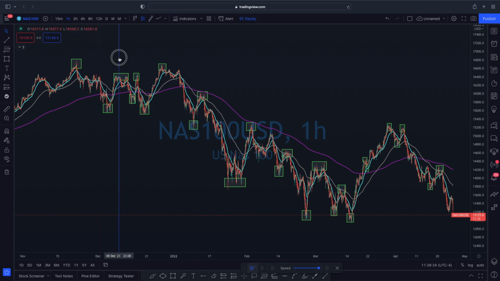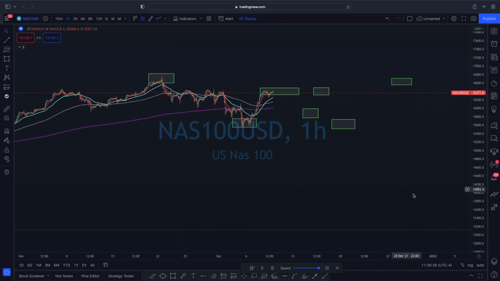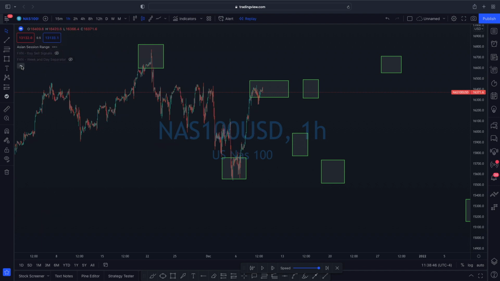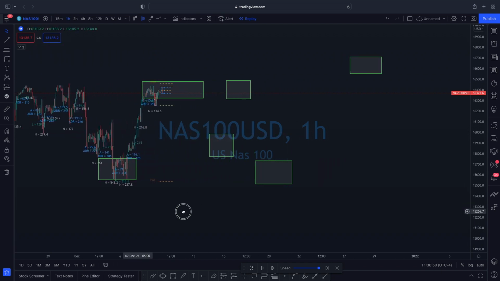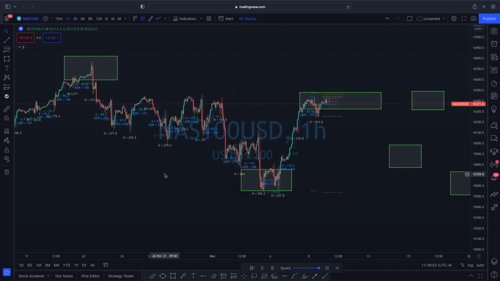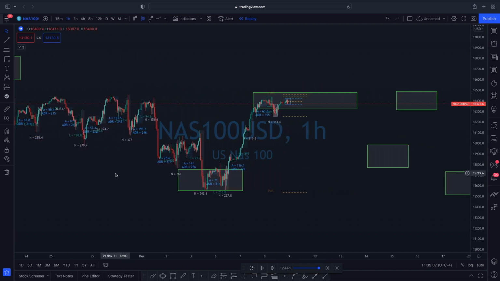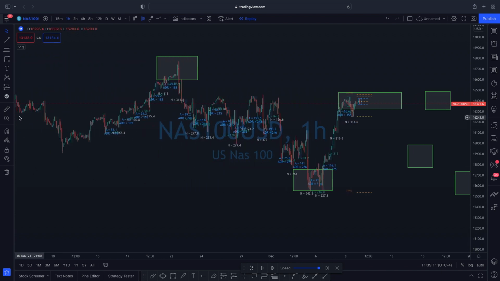So if I go back to this particular time frame here, and I put on this Asian range here, I just want to see what is the ADR at this particular time. So you can see the ADR is somewhere in the 250s range.